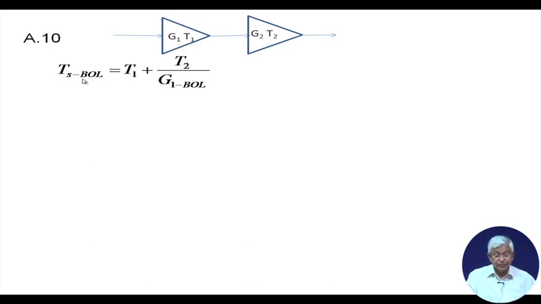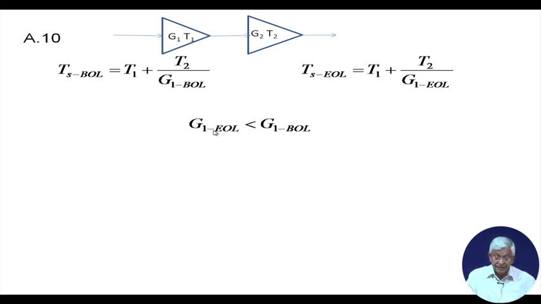Let us assume G1 is our LNA gain, so the first stage is the LNA. Similarly, at the end of life, the system noise temperature Ts at EOL will be T1 plus T2 by G1 at end of life, and it is given that at end of life the gain of the LNA, G1, is 3 dB lower than G1 at the beginning of life.